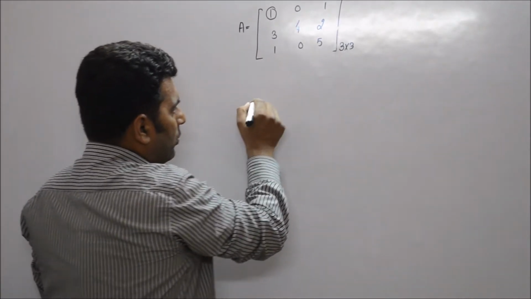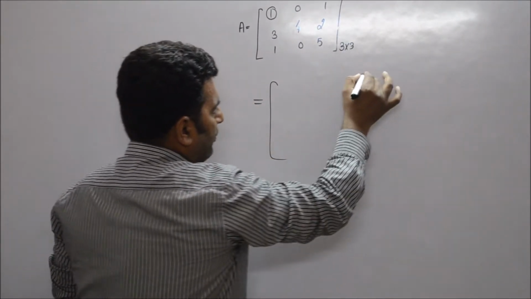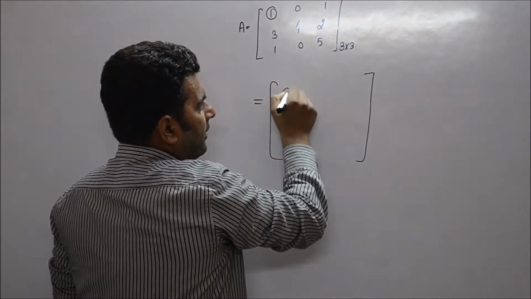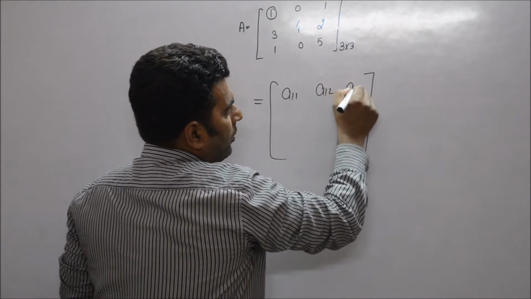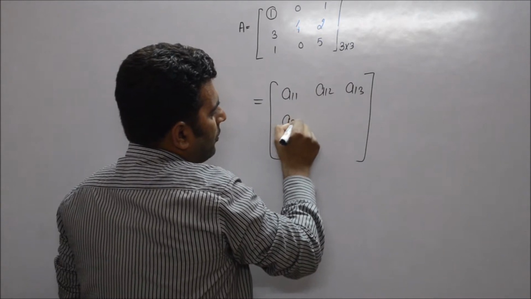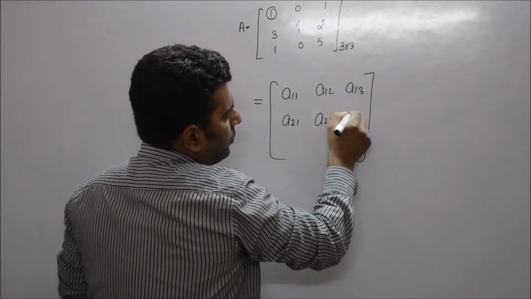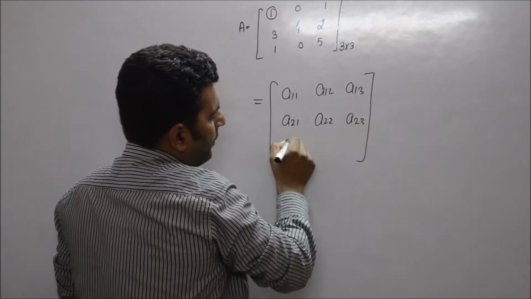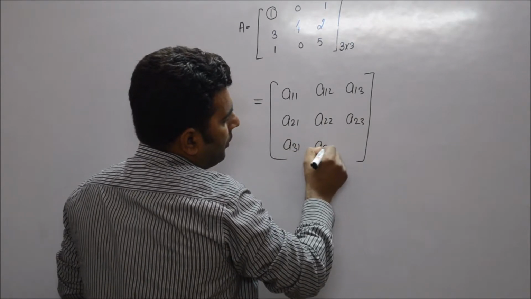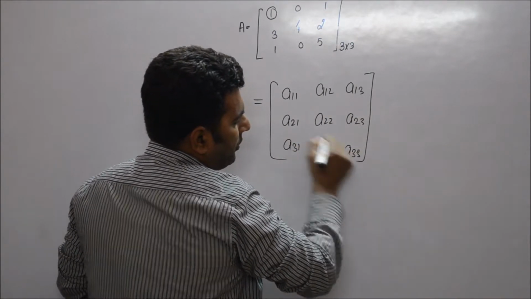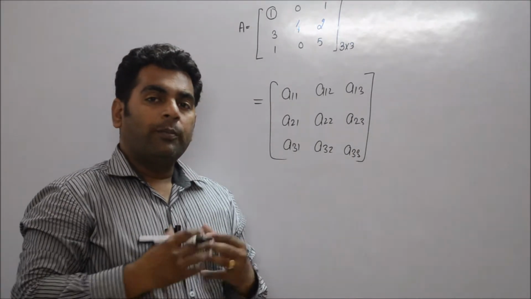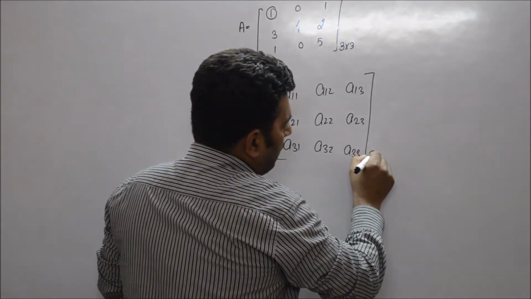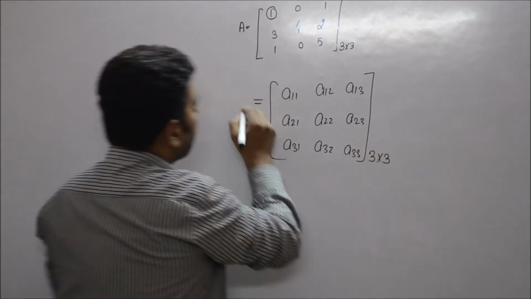So if I want to write a matrix in terms of positions, then I can write a11, a12, a13, a21, a22, a23, a31, a32 and a33. So this is a matrix of order 3 by 3 in terms of positions.